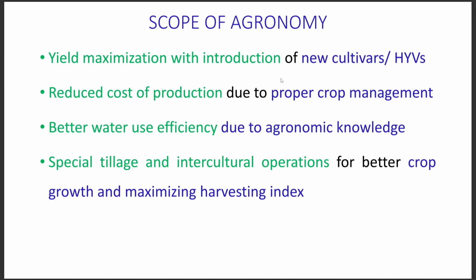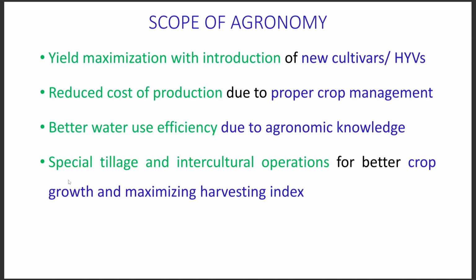By proper crop management, we have to use the water properly, and water use efficiency is very much needed, because if we don't have any agronomic knowledge, then we will just waste the water easily. So special tillage and interculture operations should be done. Mainly weeding should be done, tillage should be done, there should be proper plowings there.